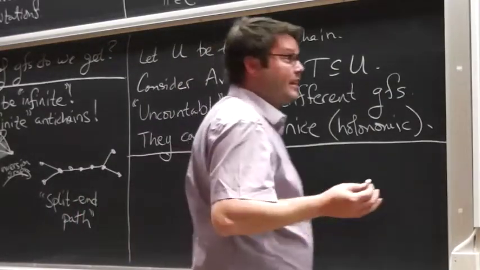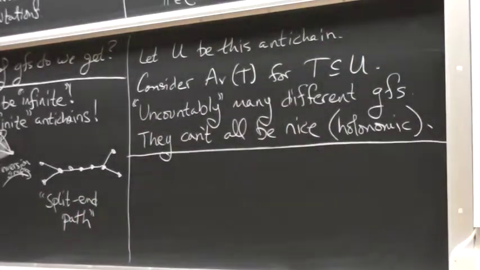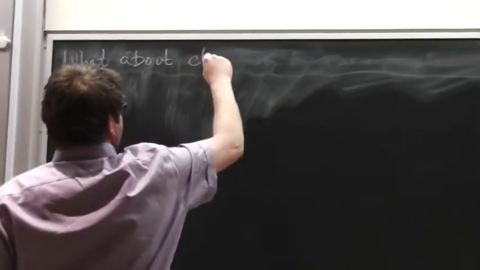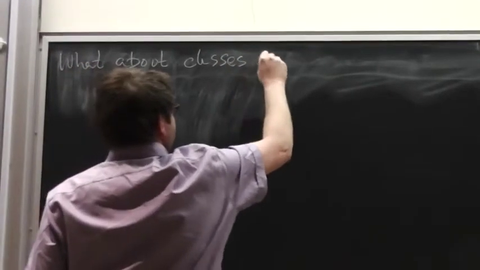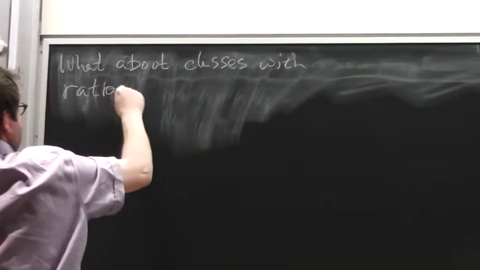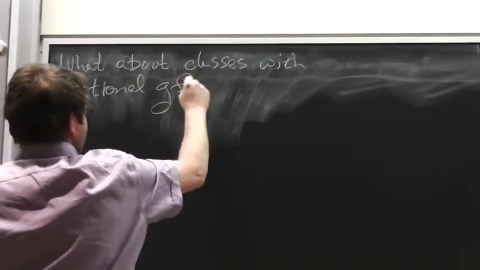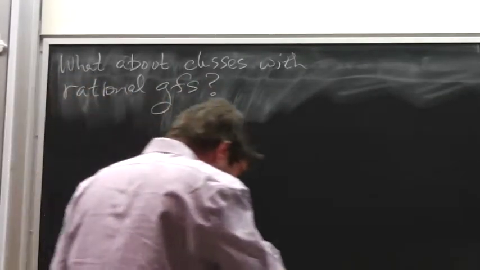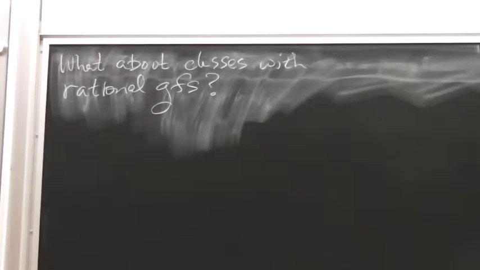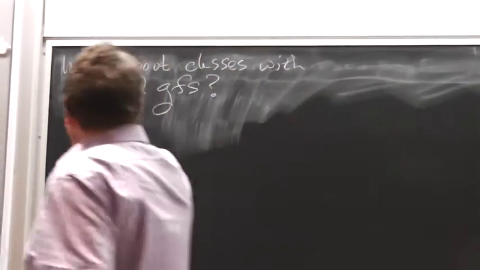So if we're going to say anything in general, we need to narrow our search. So what about classes with rational generating functions? So we might hope that the classes with rational generating functions are sufficiently nice that we can characterize them. Could we characterize them?